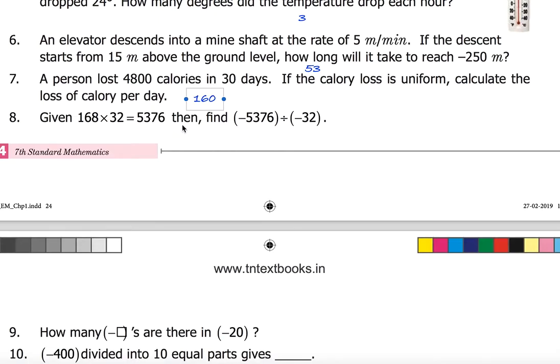Given this, find this by this. The answer is 168.